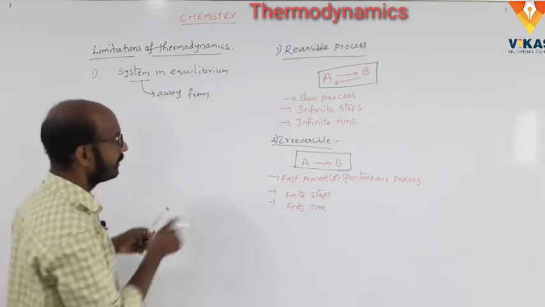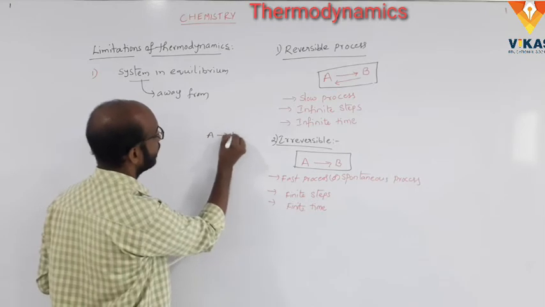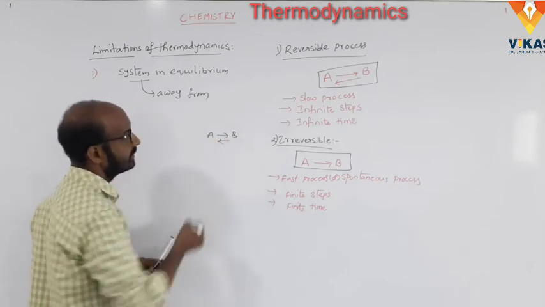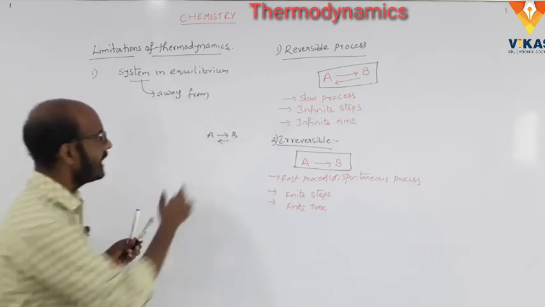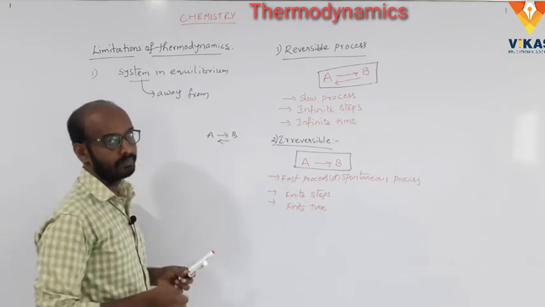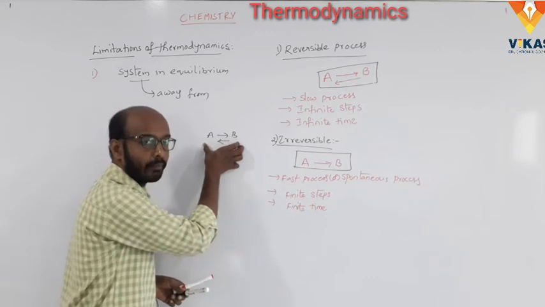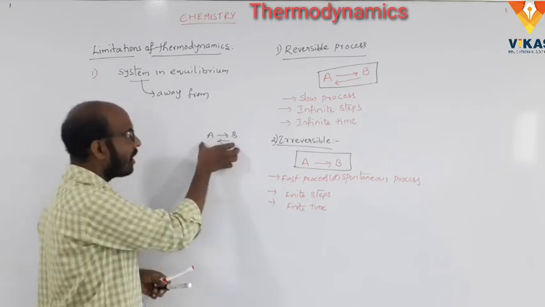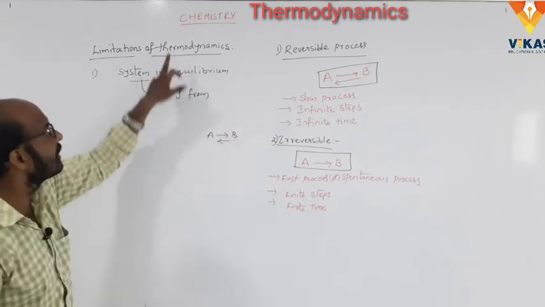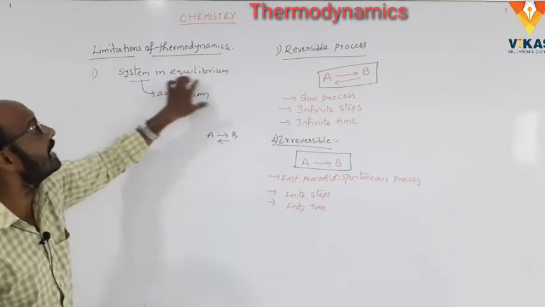For example, A is converted to B, B is converted to A. That is called equilibrium. Here A and B are in stability, mutual understanding. In thermodynamics, it explains only systems in equilibrium.